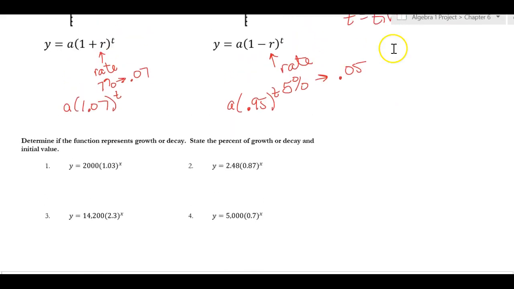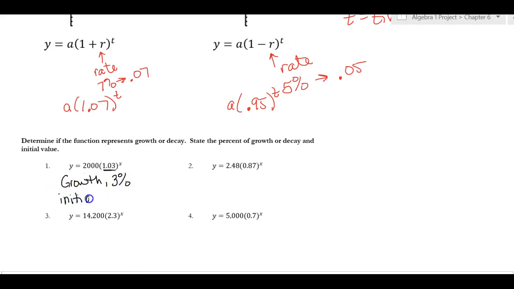All right, so determine whether the function represents growth or decay, and then state the percent of growth or decay and the initial value. All right, so to find out if it's growth or decay, we look inside. 1.03 is bigger than 1, so this is growth, and it's 0.03 above 1, so that's 3% growth.